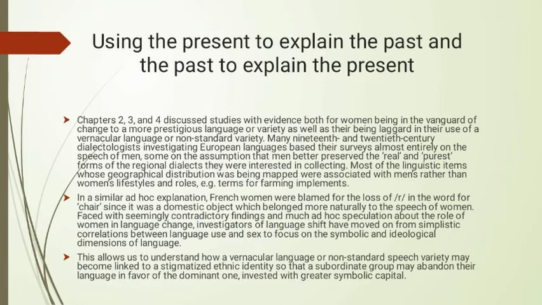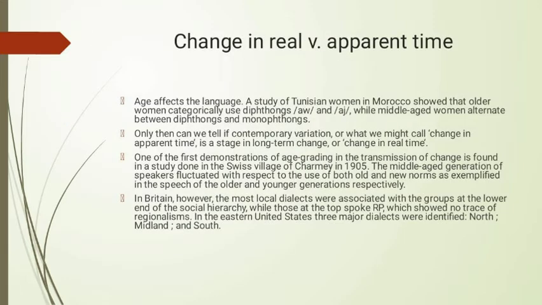Change in real versus apparent time. Age affects the language. A study of Tunisian women in Morocco showed that older women categorically use diphthongs, while middle-aged women alternate between diphthongs and monophthongs.